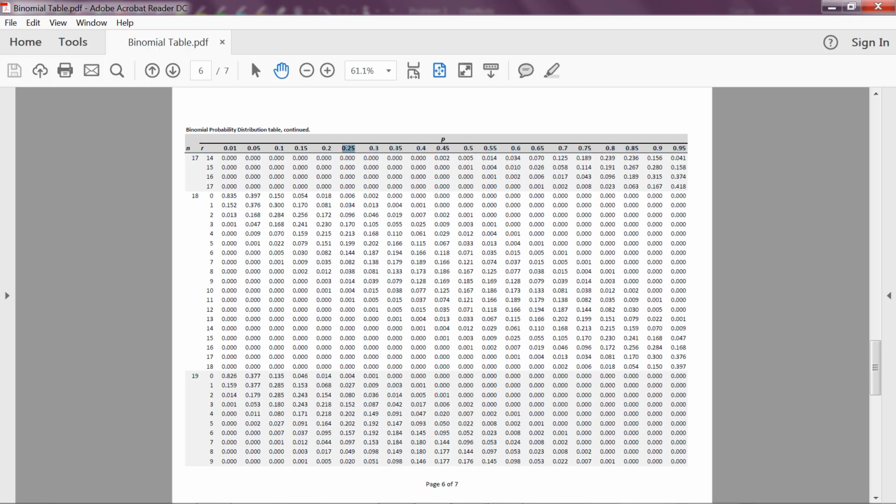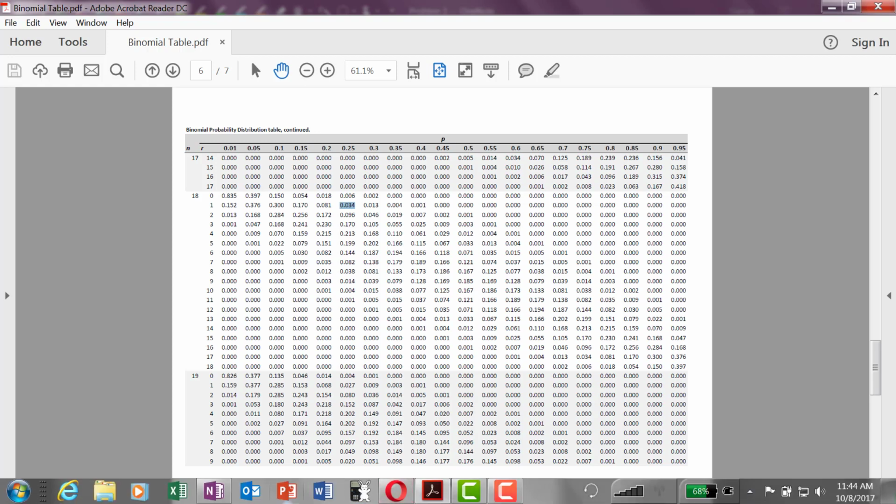And that number is right here at 0.034. So what is the probability that exactly one person out of 18 that we talked to will attend TET? 0.034, or 3.4%.